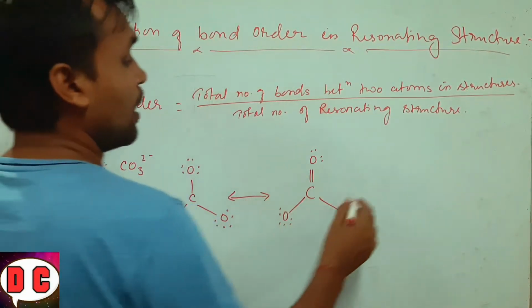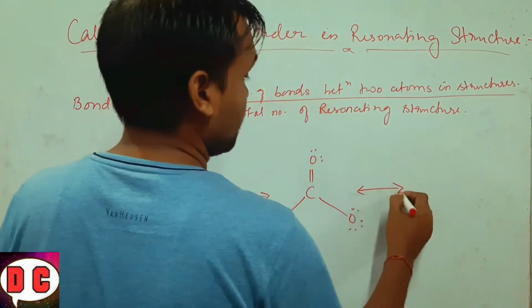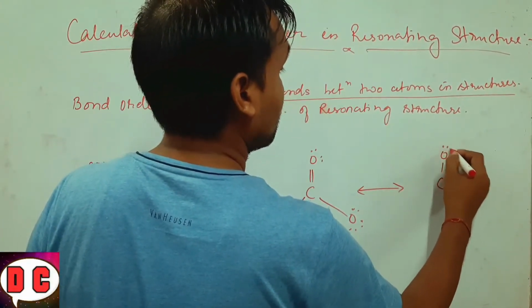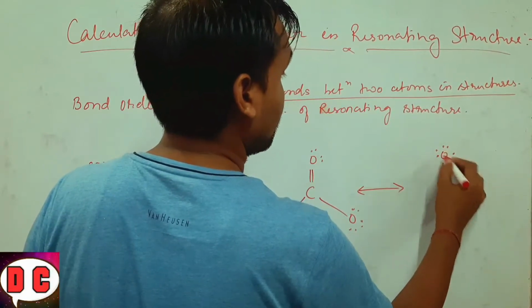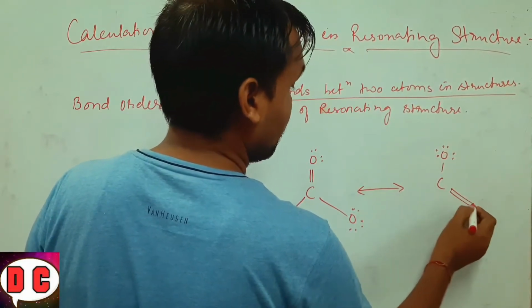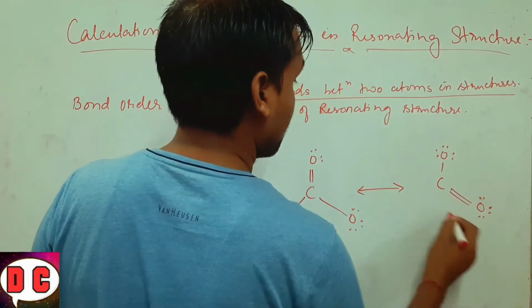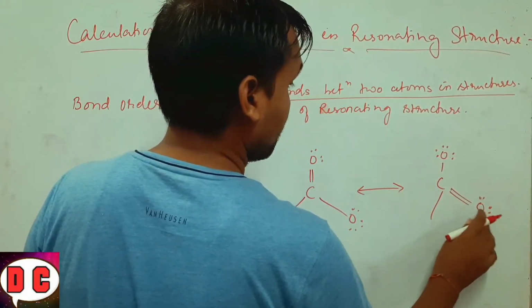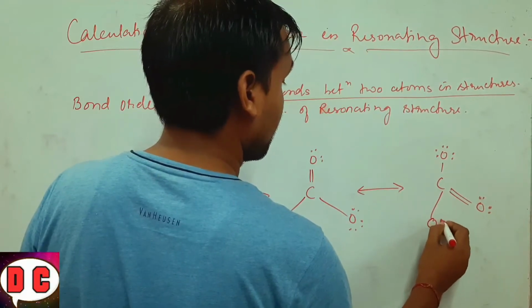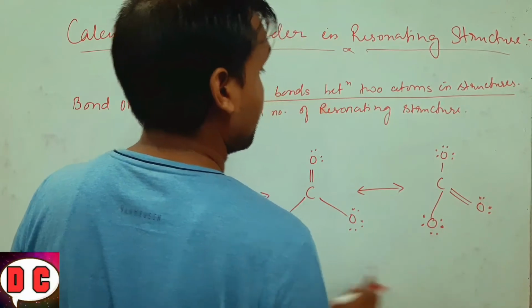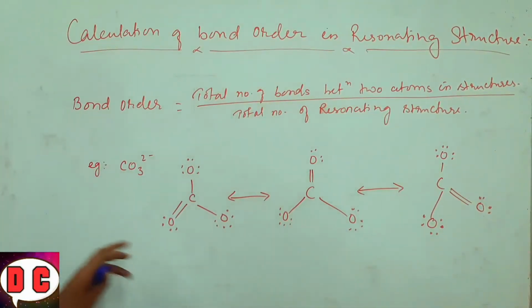This is one. Again, another resonating structure: C with a single bond, 2 lone pairs here, and here a double bond. Sorry, it will be 4 only, and here 6. So this is the resonating structure of carbonate.